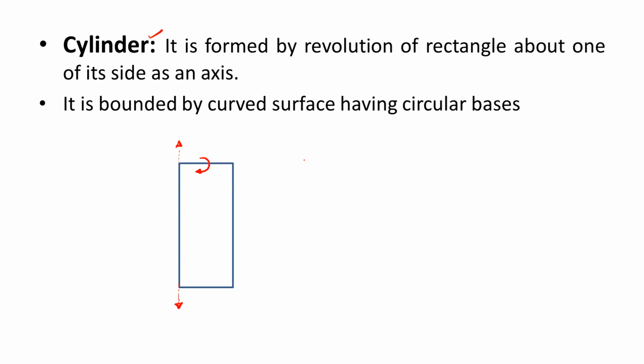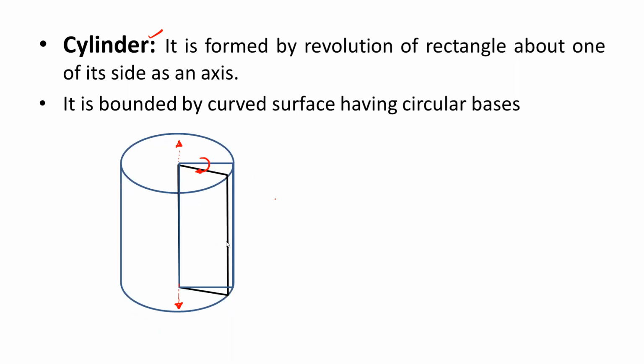Okay. So you can observe here how to rotate this rectangular plane. If you rotate that plane in this direction about this vertical axis passing through one of its sides, then after 360 degree revolution, we will get the cylinder. Okay. So this is called a solid by revolution. So this is the cylinder.